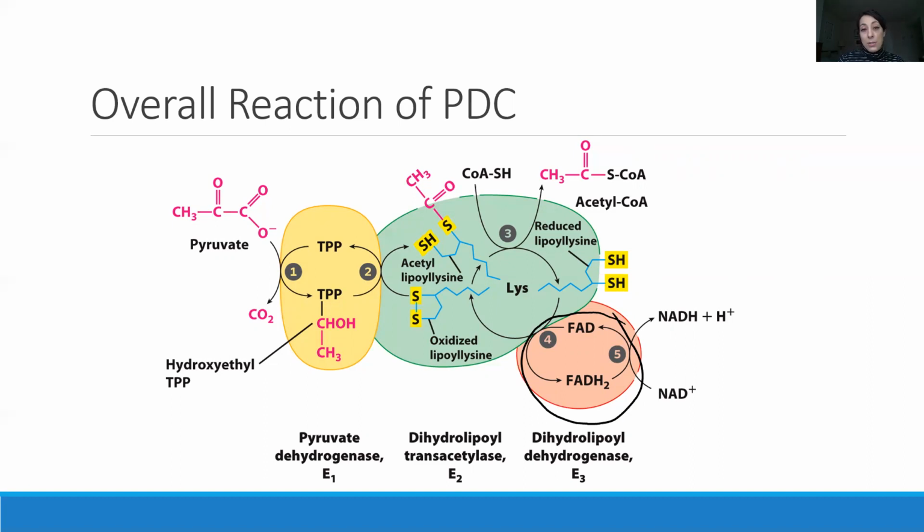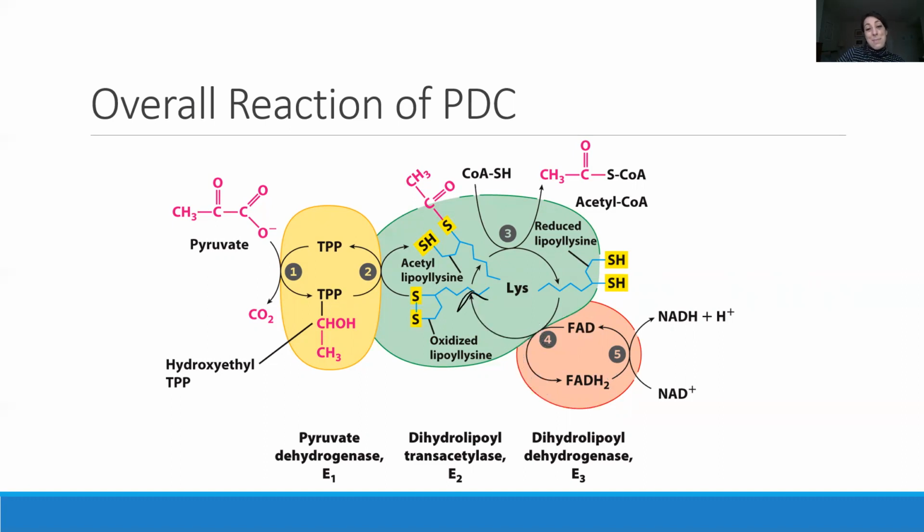It is what is going to help to regenerate this oxidized lipolysine by taking an FAD and making an FADH2. We're going to reduce the FAD, and by reducing the FAD, we're going to oxidize the lipolysine back to its oxidized form.